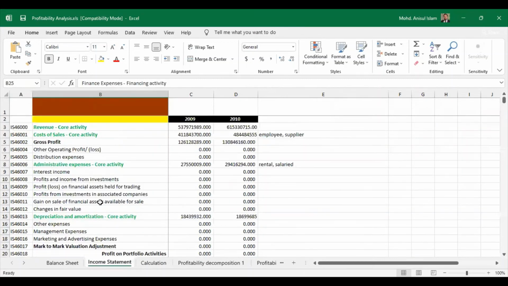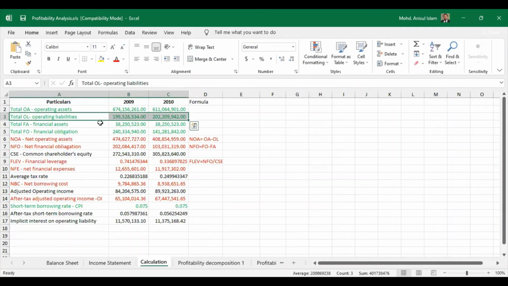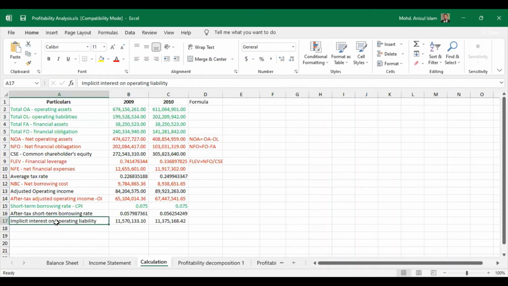What I'm trying to say is, if we do not have any operating liabilities, if this value is 0, we would not have any indirect cost of this kind, the implicit interest cost.